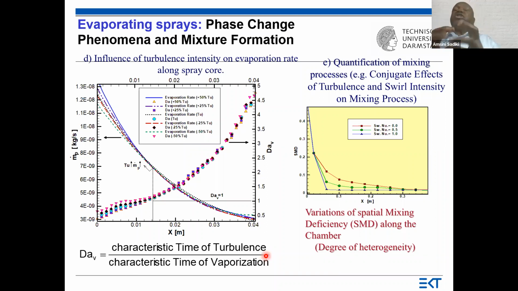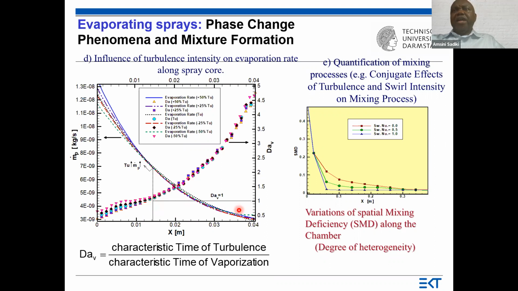It is quantity which helps us also to quantify the effect of turbulence intensity on evaporation rate, like the Damköhler number in the combustion allowed to quantify also the effect of turbulence on combustion. And we got this point here, the point here correspond to Damköhler number equal to 1. And we see if we are in this part here, so this is our Damköhler number, it corresponds to 1.